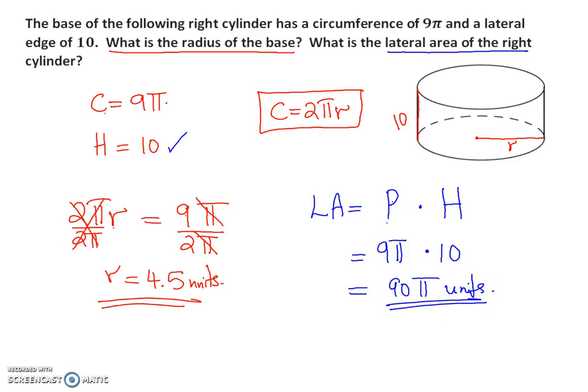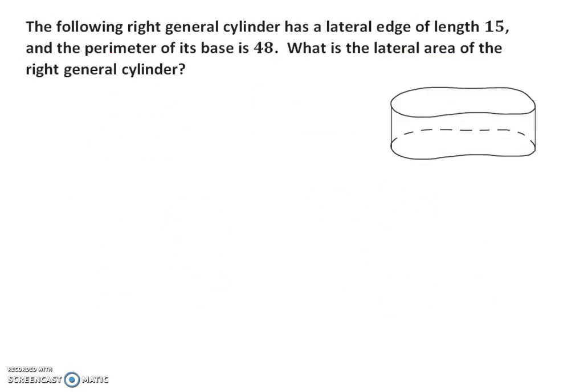Now let's try another question. The following right general cylinder has a lateral edge of length 15. The lateral edge, remember, is always the height, so that's given to be 15. And the perimeter of the base is 48. What do we have to find out? What is the lateral area?